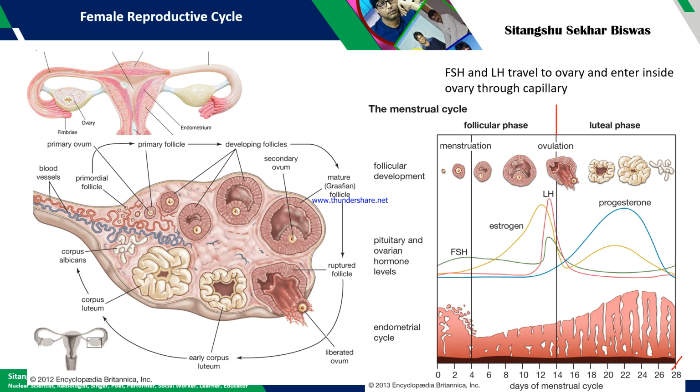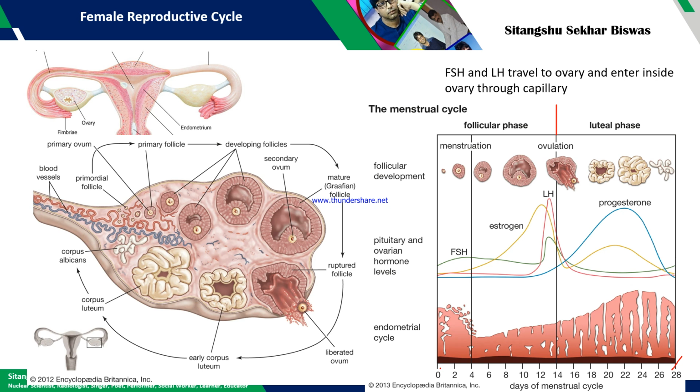This corpus luteum does not have much work except releasing some hormone, and it starts to degenerate, and finally it will become corpus albicans. During these changes, certain hormones will also be released. Okay, so now let us understand. You see how complicated a process it is.